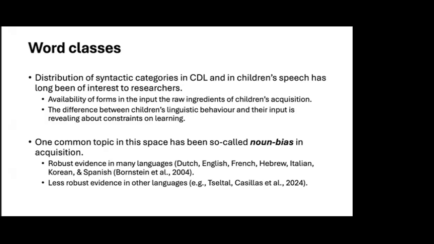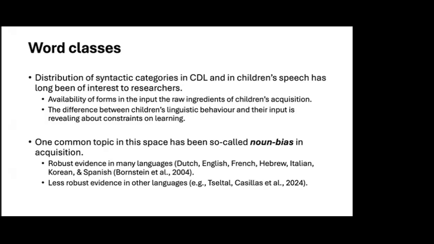It's the raw ingredients which they use to build their language, to construct their language. And the difference between children's linguistic behavior, as I referred to previously, and their input is revealing about constraints on learning. So one common topic in this space has been the so-called noun bias in acquisition.